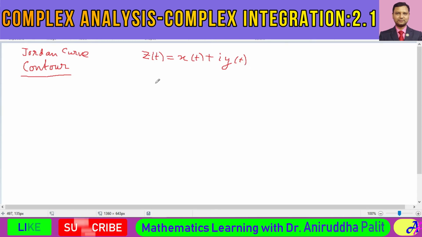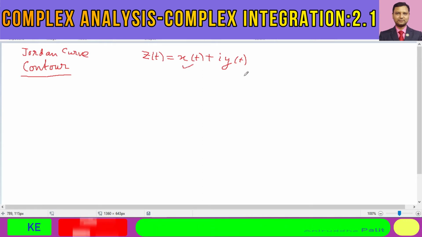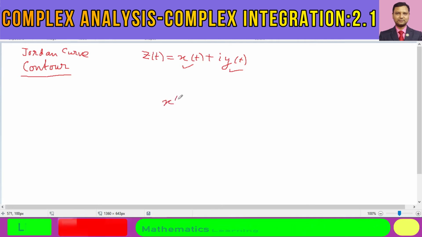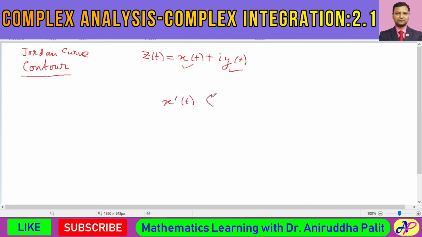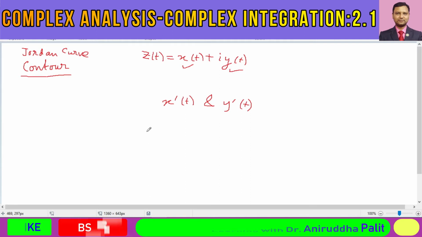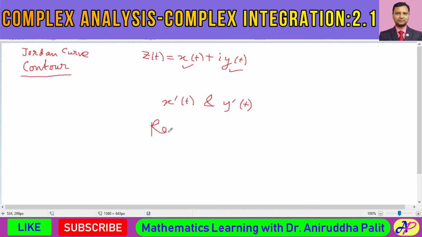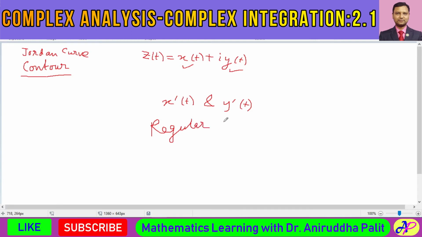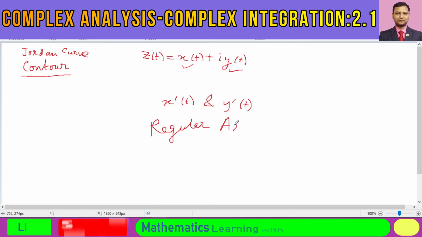But we now add one more condition: if along with continuity of these two functions x and y, their derivatives x dash t and y dash t are also continuous, then such curves are called regular curves or regular arc.